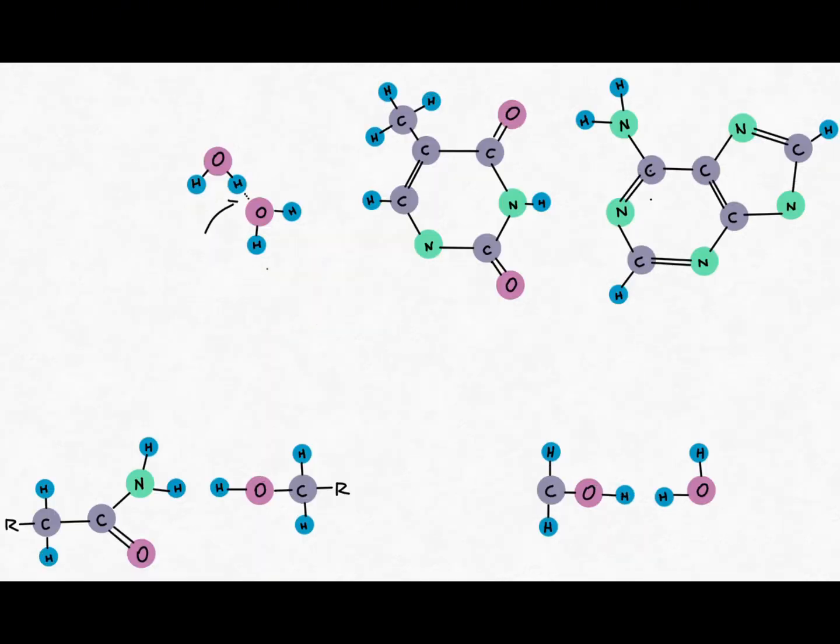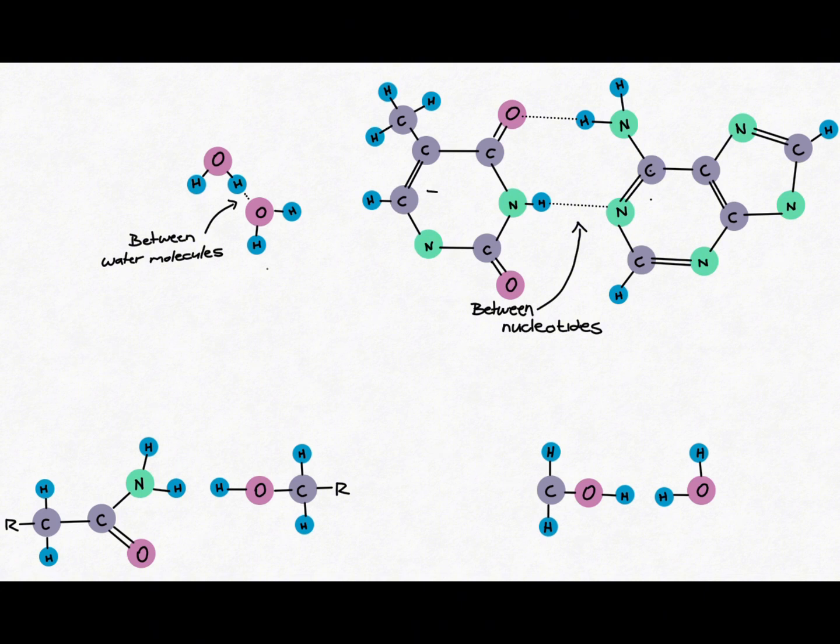This can happen between water molecules, between the hydrogen and the oxygen of the water molecule. It can also happen in DNA between the nucleotide bases, between the oxygen and the hydrogen and the nitrogen. For example, between thymine and adenine. It also occurs between guanine and cytosine.